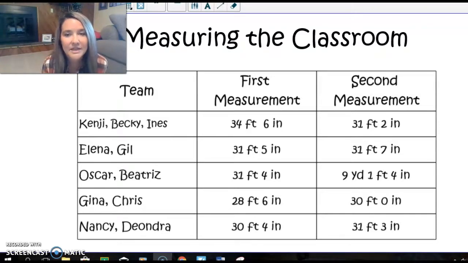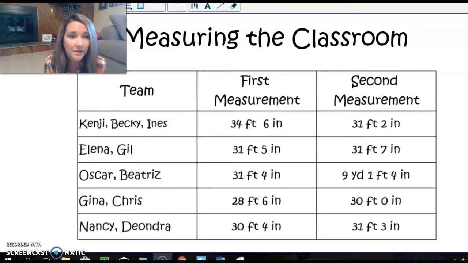Take a moment and I want you to analyze and refamiliarize yourself with their first measurement and then their second measurement. Okay, remember in our previous video of talking about measuring the classroom, we noticed that all of their measurements were not the same.